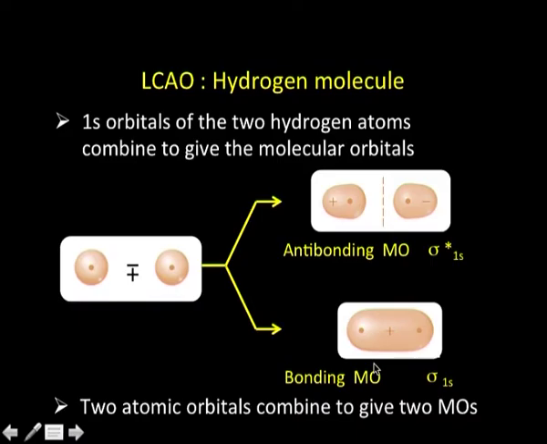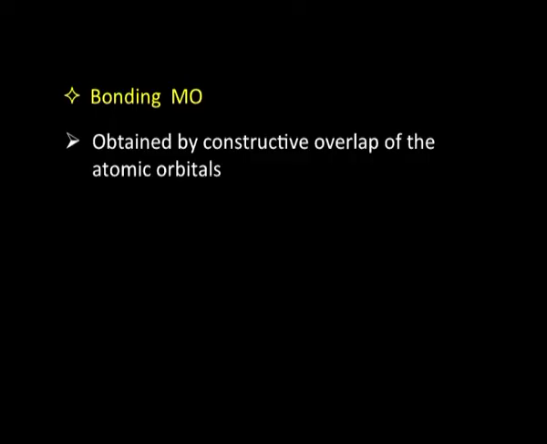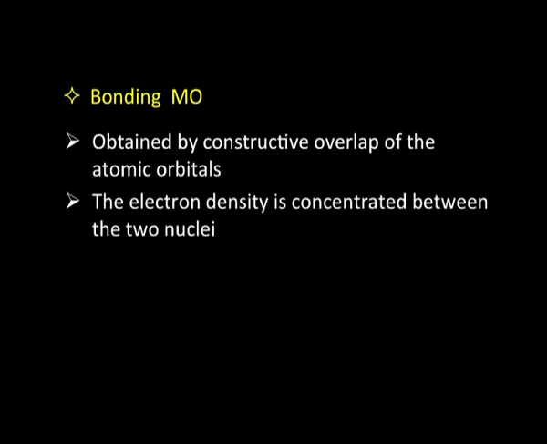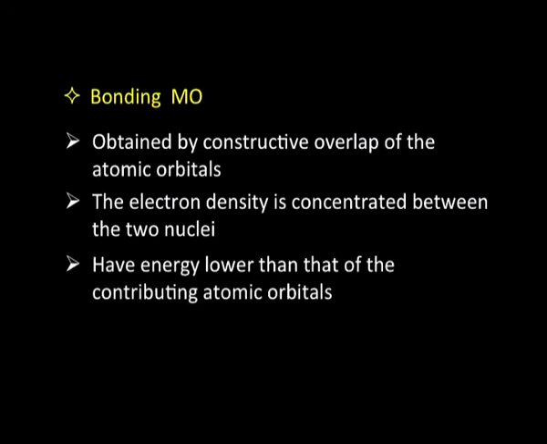Okay. Now, let us look a little into what the bonding molecular orbitals are. Bonding molecular orbitals, as I just mentioned, are obtained by constructive overlap of the atomic orbitals, number 1. Number 2, the electron density is concentrated between the two nuclei, as I just showed you. Thirdly, these molecular orbitals have energy lower than that of the contributing atomic orbitals.